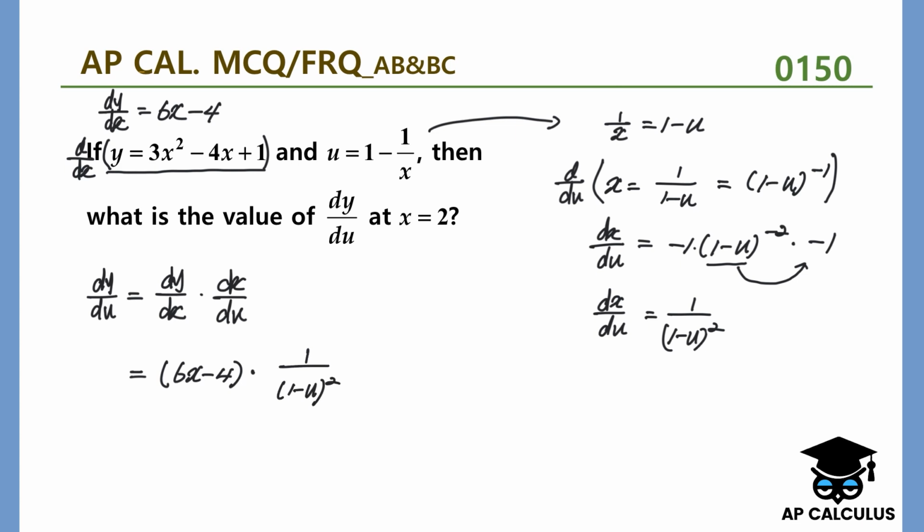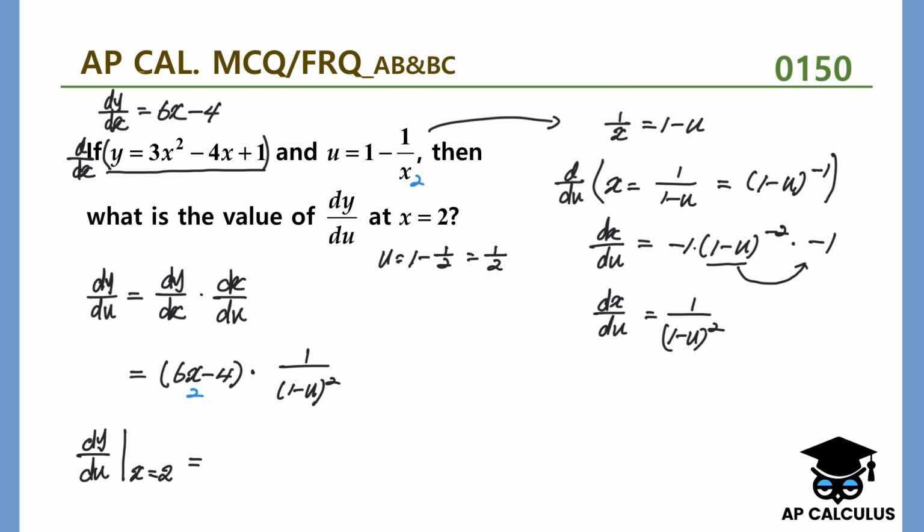And we have to find this derivative when x is equal to 2. So I'm going to substitute 2 for x. When x is equal to 2, what is u then? u is 1 minus 1 over 2, which is equal to 1 over 2, right? So when x is equal to 2, u is 1 over 2.